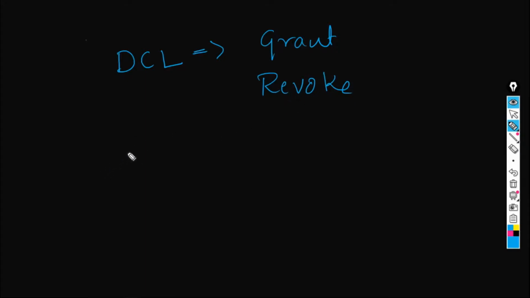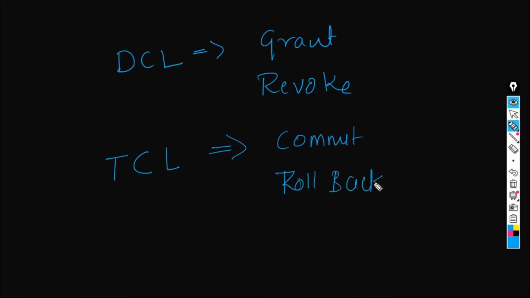And then there is one more important one, transaction control language. This we will probably end up using, because it is commit and rollback. It manages the changes made by the DML statements.